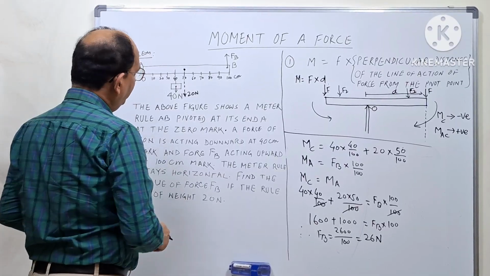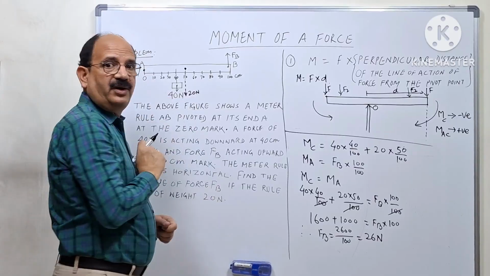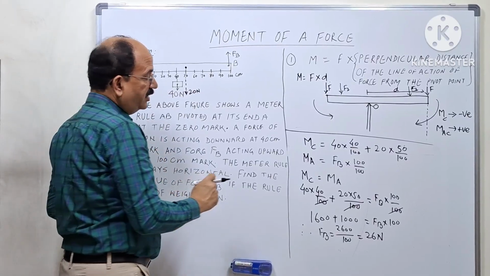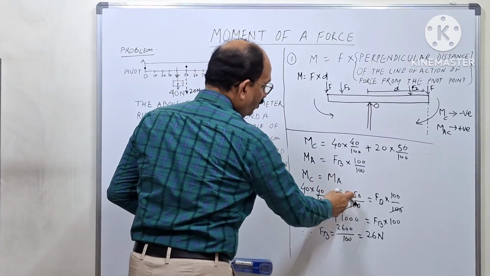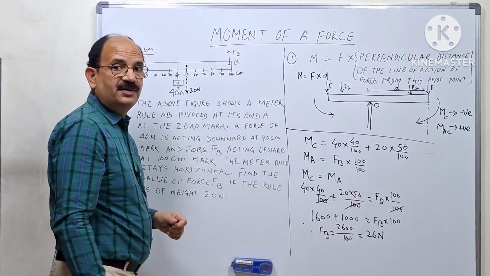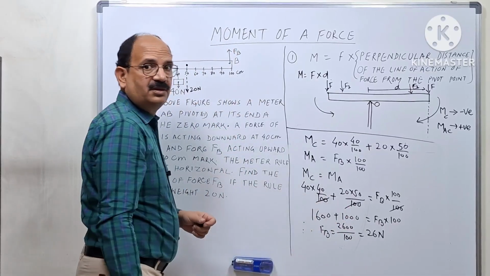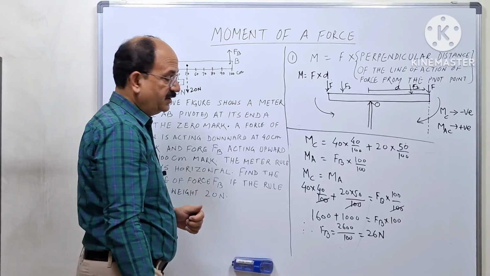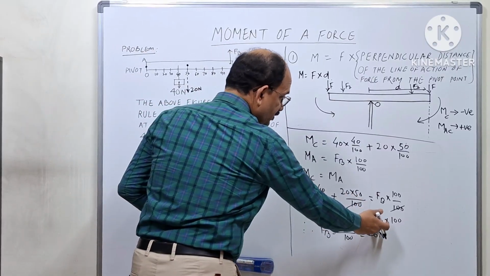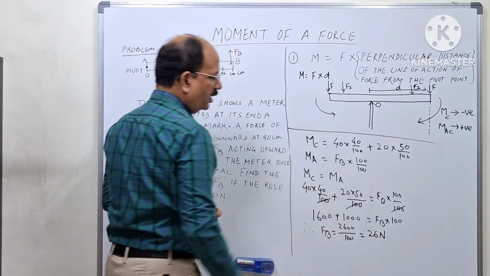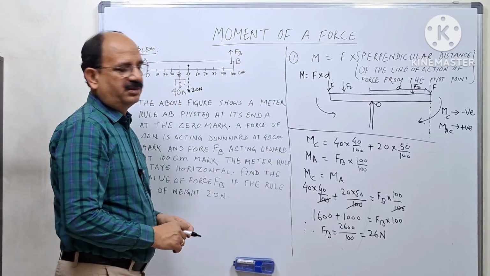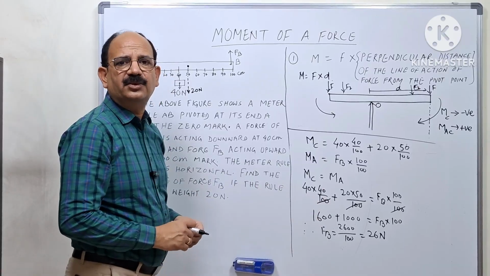In that case, what will happen? This 20 Newton will vanish. So if this 20 Newton vanishes, then the moment because of that vanishes. And therefore, that 1000 Newton meter will vanish. And therefore, your force FB will be only equal to 16 Newton. 1600 by 100, 16 Newton.